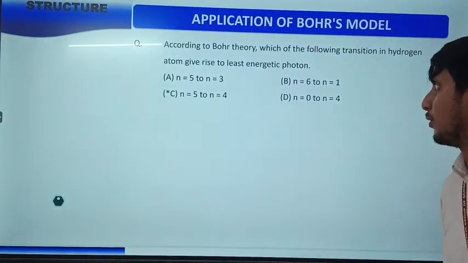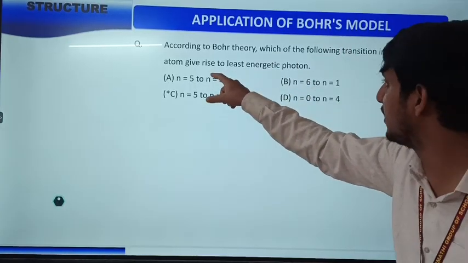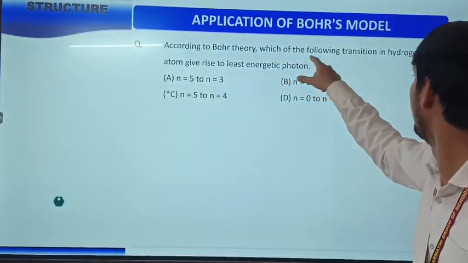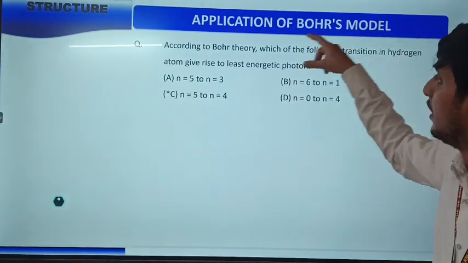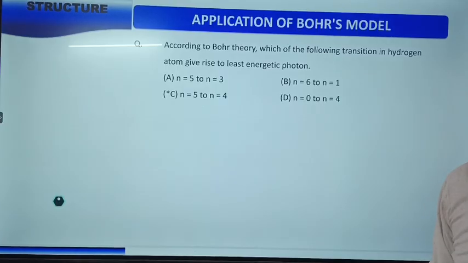Third question. According to the Bohr theory, which of the following transitions in the hydrogen atom gives rise to the least energetic photon? A transition giving the least energetic photon means the one with the least energy.